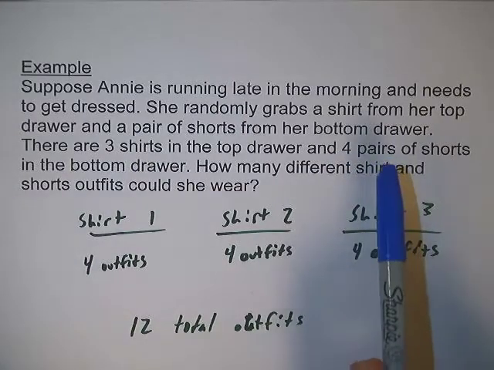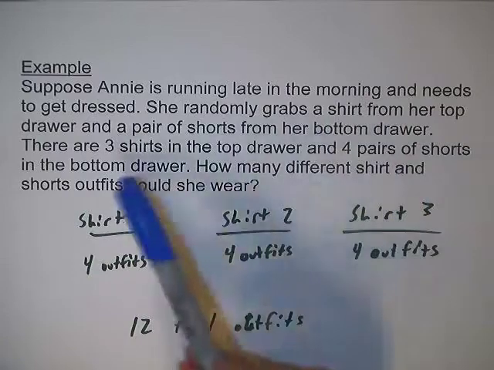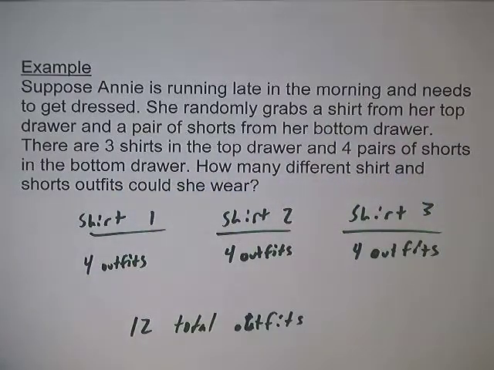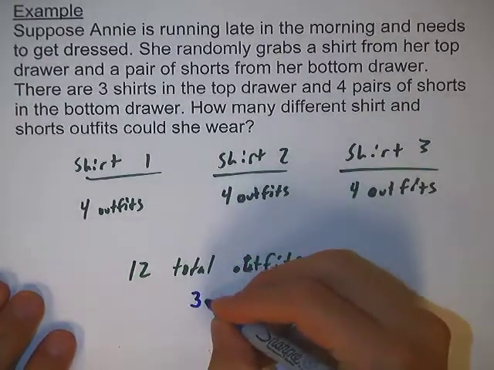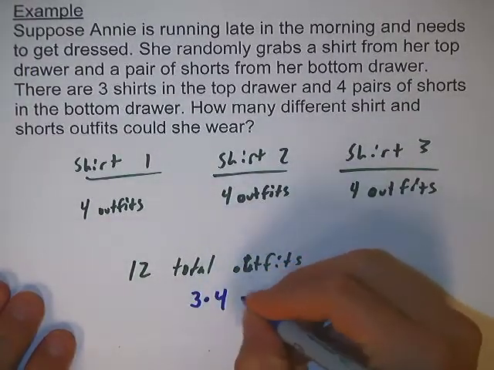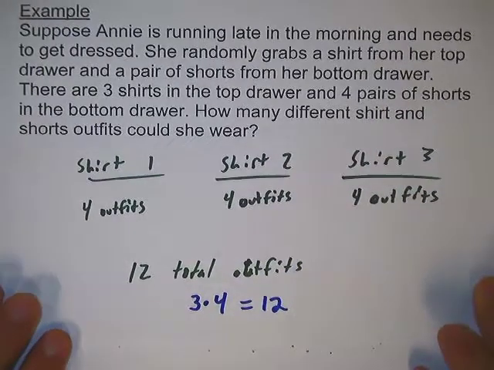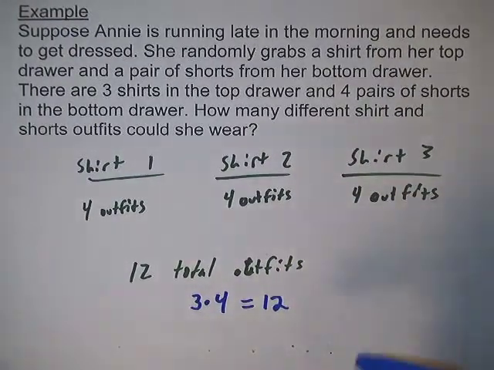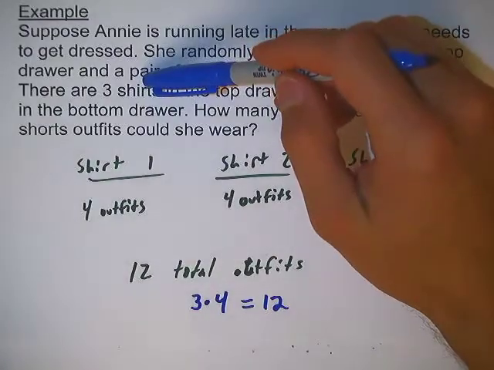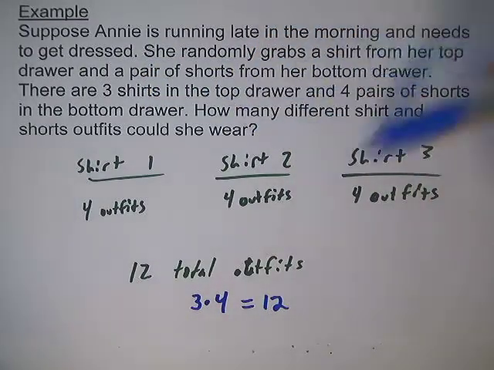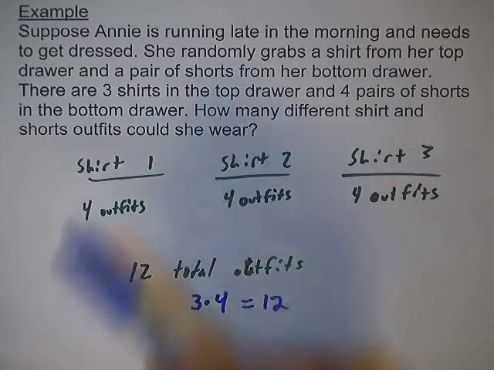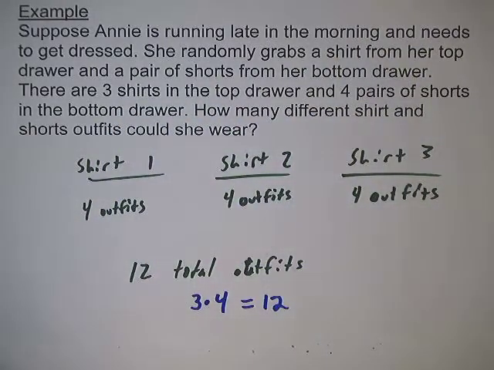So if we wanted to know how many outcomes total if the 2 experiments are done together, we could just take 3 times 4 and also get 12. And again, that's assuming that whatever she picks as a shirt has no effect on which pair of shorts she picks. If she's doing this randomly or haphazardly, the experiments will be done independently of each other.